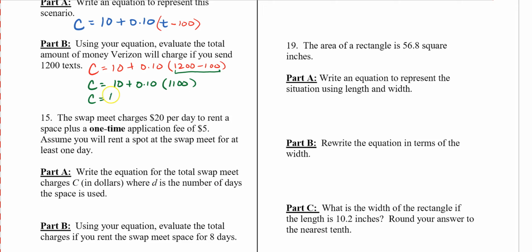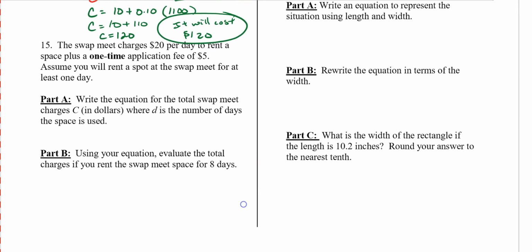So 10 plus 1,100 times 0.1 is 110. So C is equal to 120. So it will cost $120.